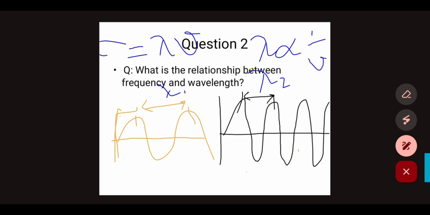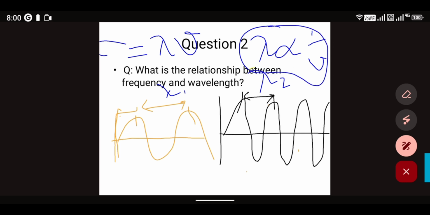If frequency is higher, we'll have lower wavelength. So this is the relationship between them. If two corresponding crests or troughs are much closer to one another, that means we have higher frequency. In that case, the wavelength will be shorter. So this equation confirms this.